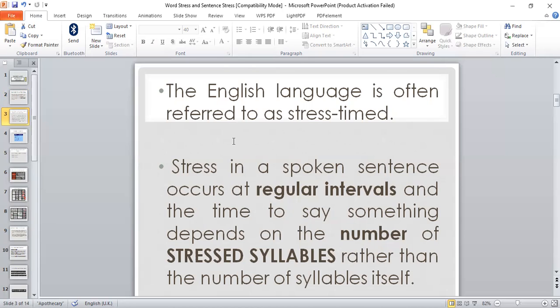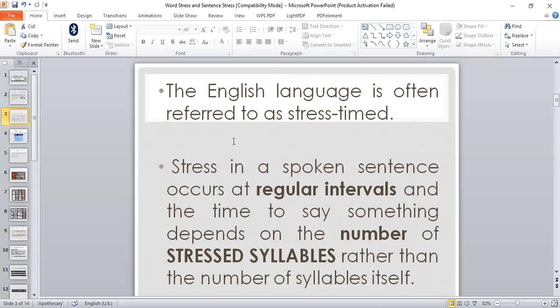So it's not just that you open up your mouth and pronounce words anyhow when you're speaking the English language or when you want to make some expression in the English language. No, you have to consider the stress and you consider the time. And we say that the time to say something depends on the number of stressed syllables, not the number of syllables itself. So what we are trying to say is that it is possible that in an English expression, you have a word that has 500 syllables.